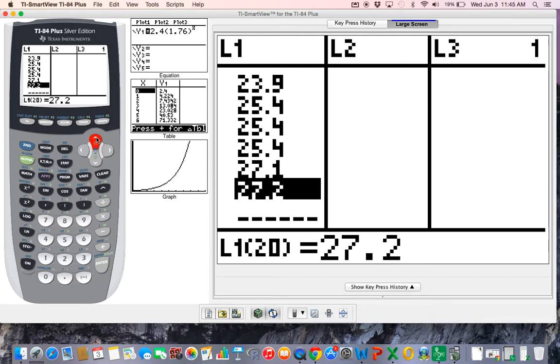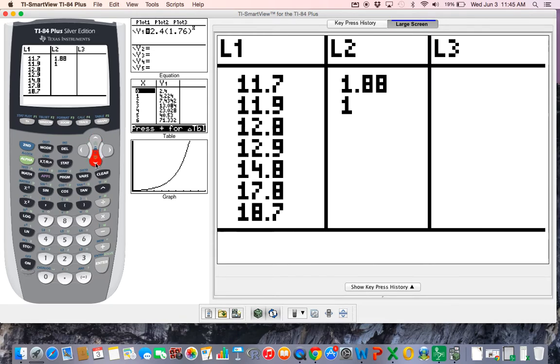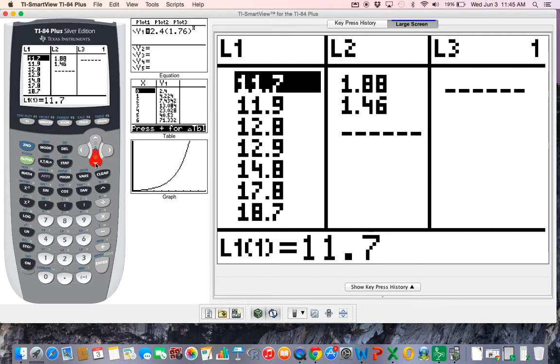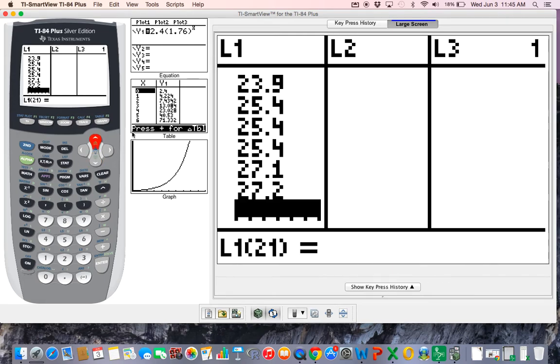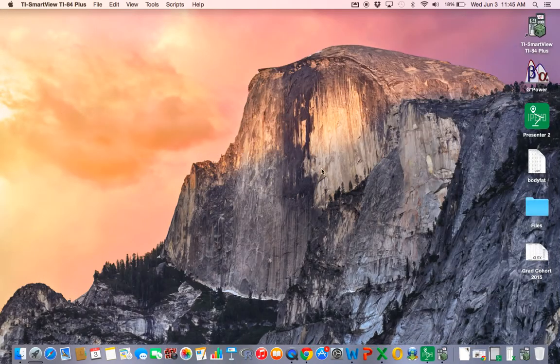Now, if I'm going to determine my classes, I want my lowest number and my highest number. Well, my highest is 27.2, and my lowest is 11.7. I'm writing this so I don't forget it.